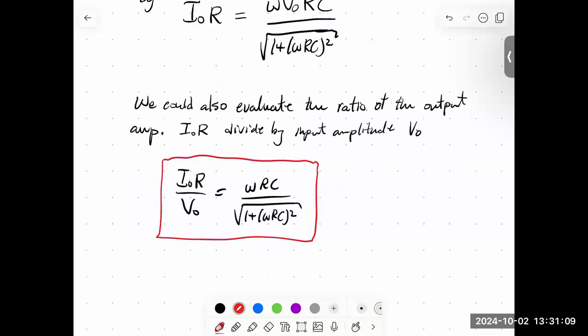Then we'll think about what happens if the frequency is very large. If it's very large, omega RC is much bigger than 1. And then we'll consider the third special case, an intermediate frequency where maybe this 1 is equal to omega RC.